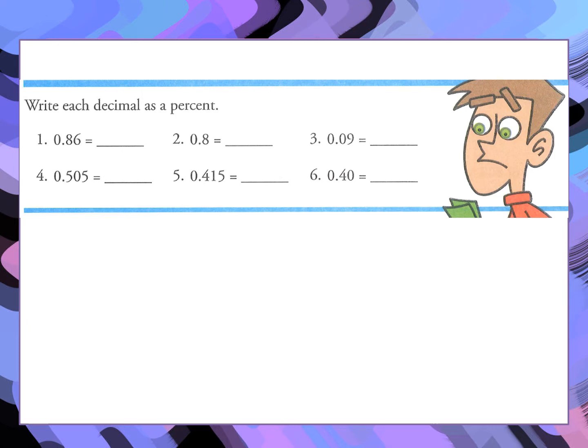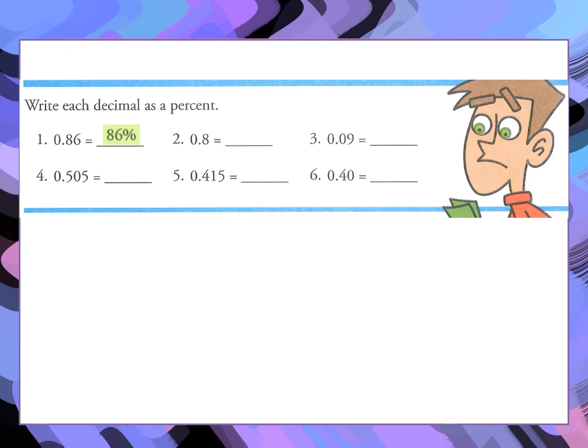Write each decimal as a percent. Pause the video, solve problems 1 through 6, unpause the video to check your answers. For question number 1, you should have gotten 86%.